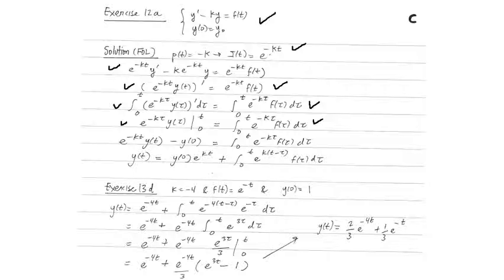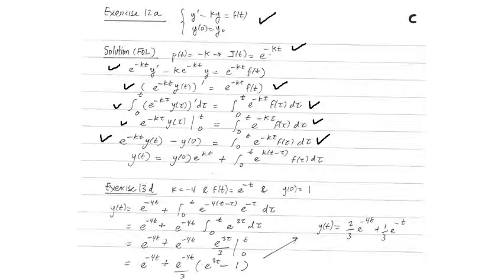So getting back to this solution in detail, in the next step on the left-hand side, we just plugged in tau equals t at the upper limit and tau equals 0 at the lower limit, and used the fact that e to the 0 is 1. And then we didn't really do anything here except just copy that part.